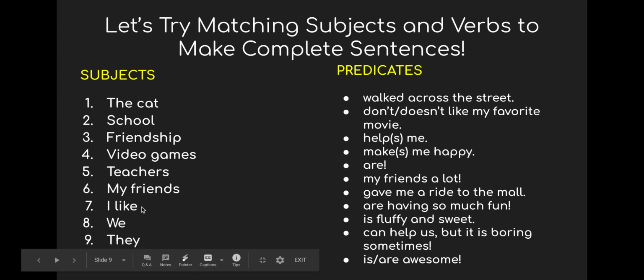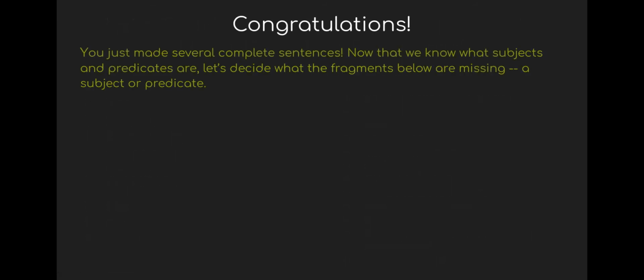You can say, I like my friends a lot. You can say, my friends are awesome. You can say, we are having so much fun. So you take a subject and you take a predicate and you blend them together to make a complete sentence. Okay, congratulations. You just made several complete sentences.